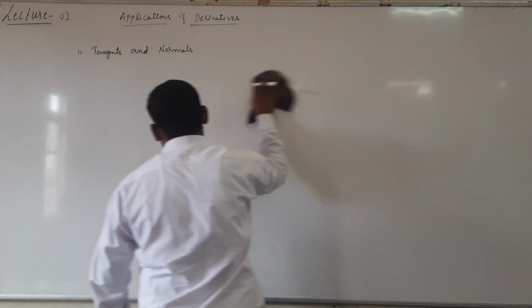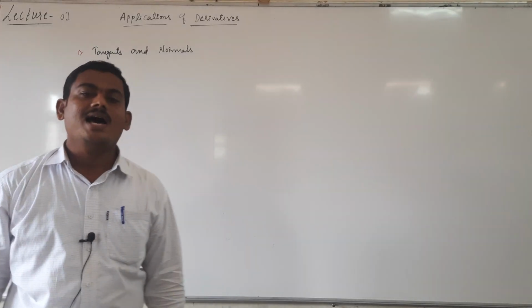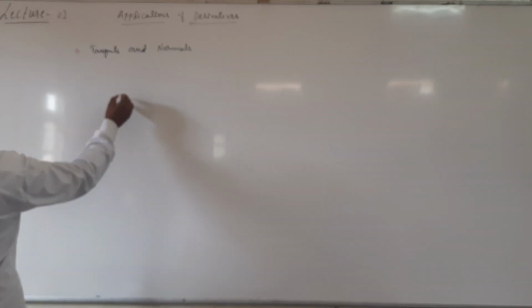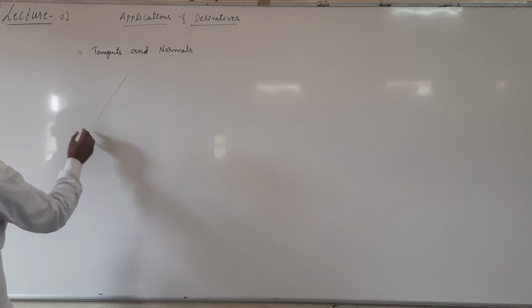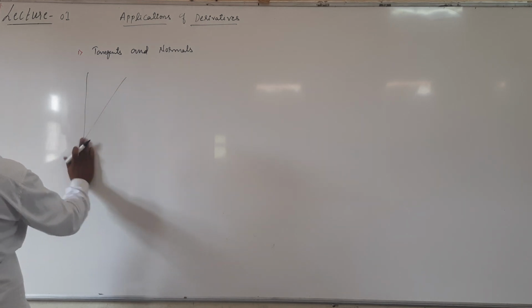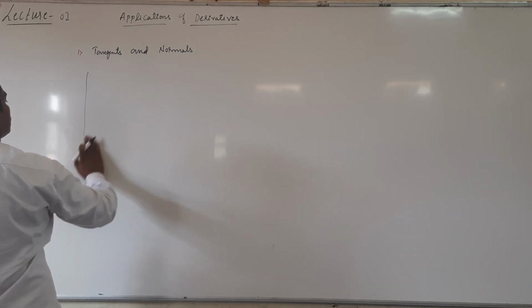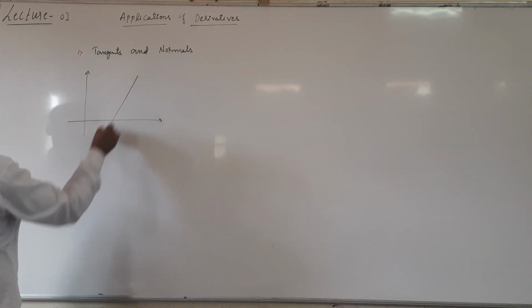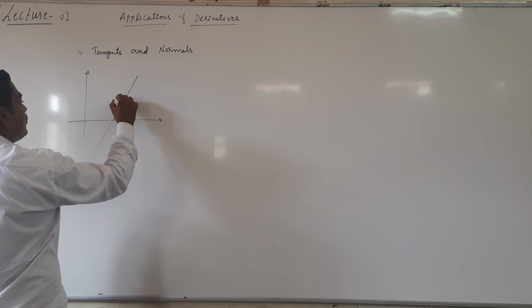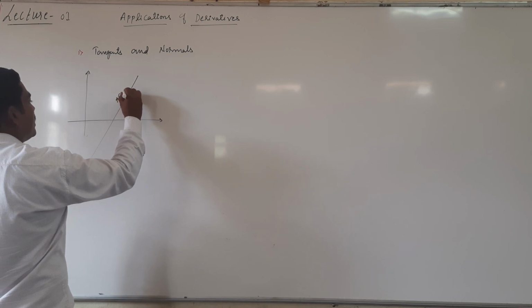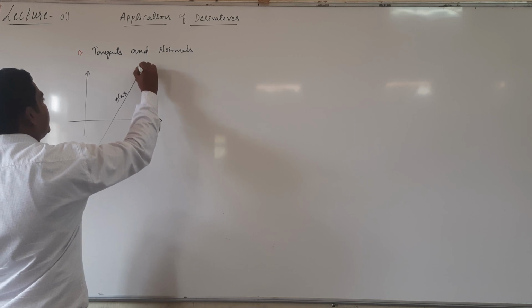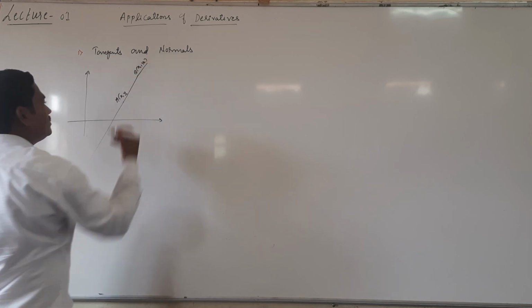Next, slope of line joining 2 points. Suppose point A is x1, y1, point B is x2, y2.